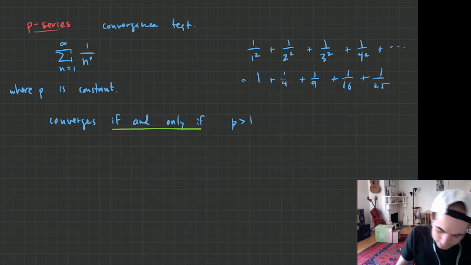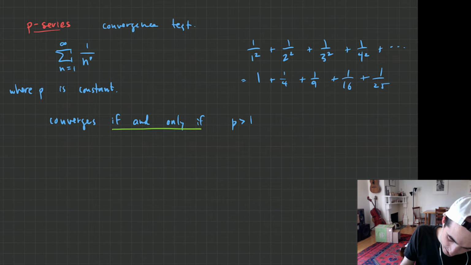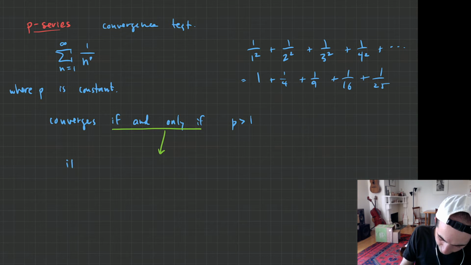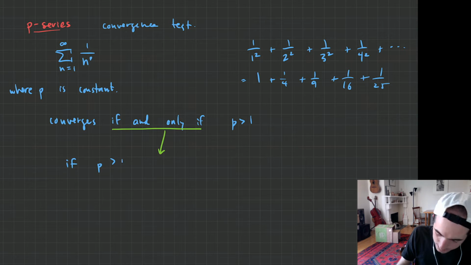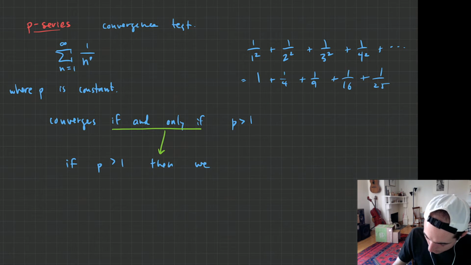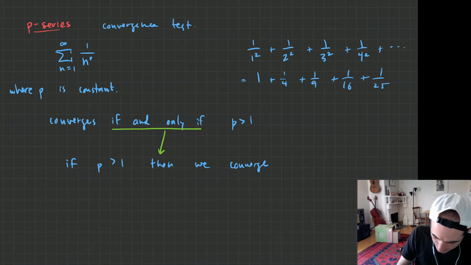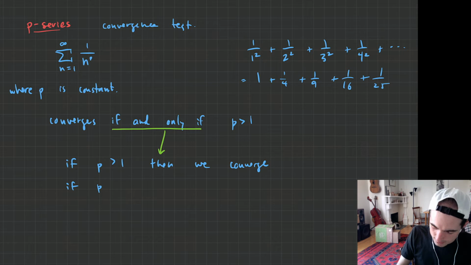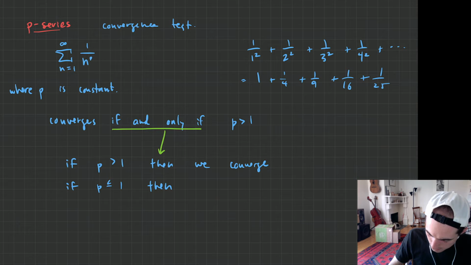If we wanted to deconstruct this sentence, this means that if p is greater than 1, then we converge. If p is not greater than 1, or in other words, if p is less than or equal to 1, then we diverge.